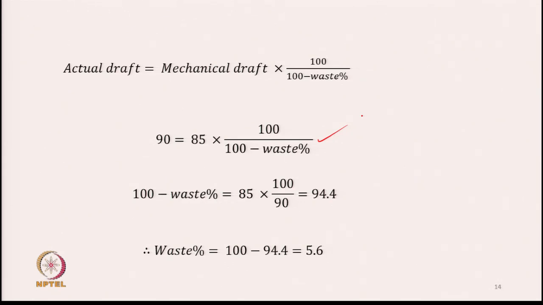Therefore, waste percentage is going to be 100 minus 94.4, which is 5.6. So, waste extraction by the carding machine in the present case is 5.6%, and because of the waste extraction the actual draft was more than the mechanical draft.